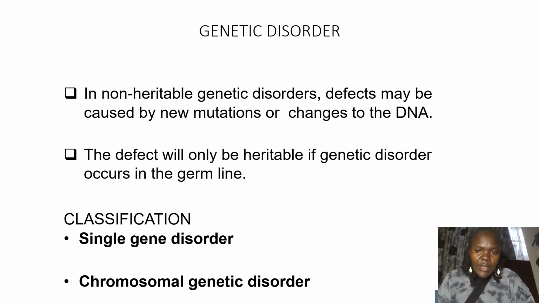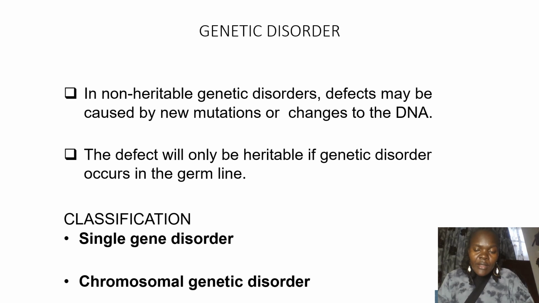The DNA is hosted in the gene. The gene is hosted on the chromosome. So the changes on the DNA will bring a lot of impact on the gene, and ultimately a lot of impact on the chromosome. So that is how it goes.